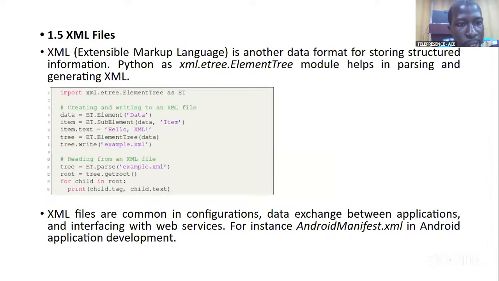So the XML file. You can see from what we've done that data can be of type CSV, JSON, text, XML, and so forth.